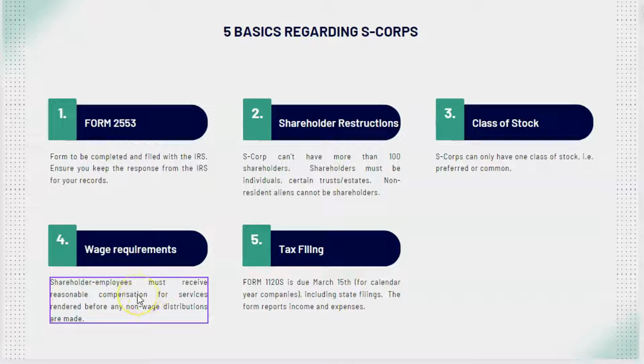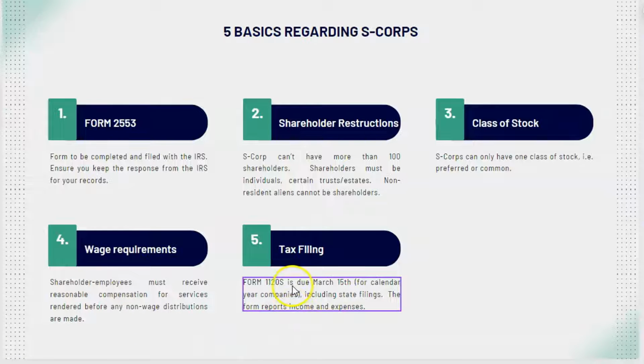What the IRS is stating is you can't pay yourself a salary of $10,000 and take a distribution of $500,000, right? That's going to cause an IRS audit, and you don't want to go down that path. You have to pay yourself a reasonable salary for the amount of work that you're doing, for the size of the business that you're working on. And then anything you have left over, you can take in distributions. But this is very important.